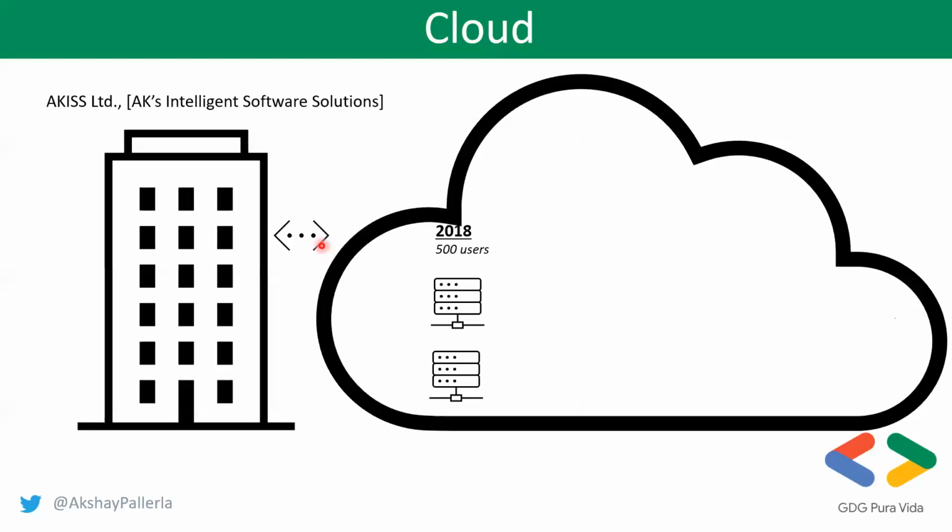So what happened here? In a cloud, in 2018, I was establishing my infrastructure for 500 users. So I've set up 2 servers, right? And if you remember, I said we will also be discussing instance. So you can loosely translate instance to server here, very loosely. Again, it's just to simplify concepts, right?